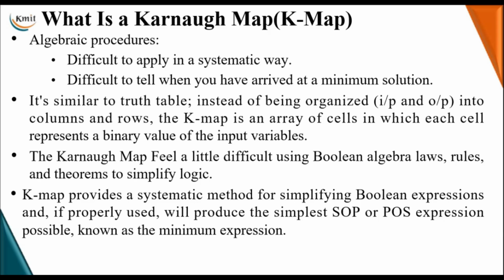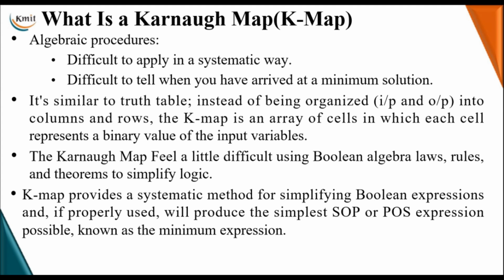In our last unit, we discussed how to minimize your function using Boolean algebra, using the laws and theorems of Boolean algebra to derive your function into a minimal expression.